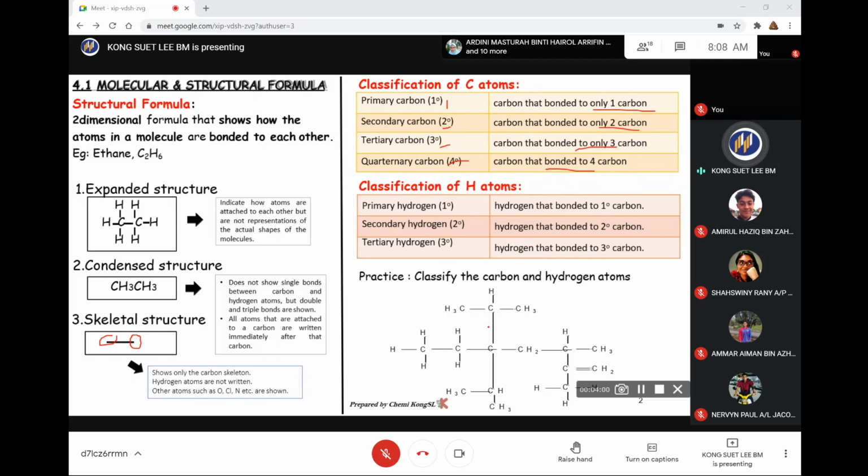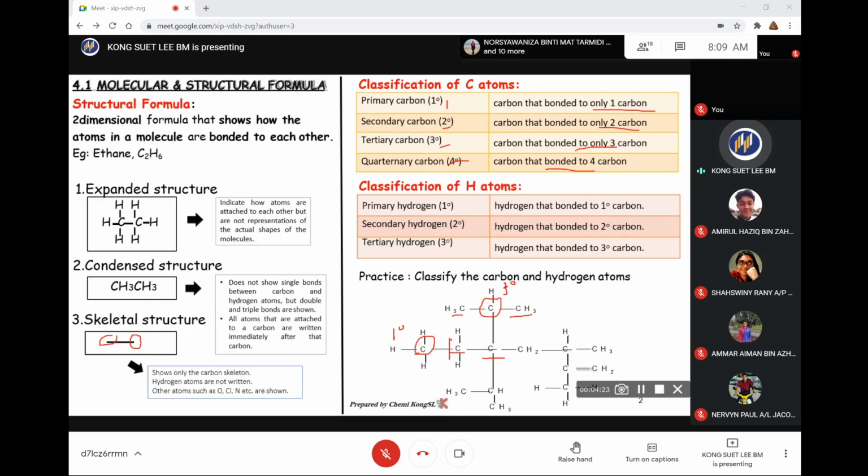Okay, we look at this example. Let's check this carbon. It is attached to 1, 2, 3 carbons, so this carbon is tertiary carbon. Okay, let's check this one. It is attached to 1 carbon, so this one is primary carbon.